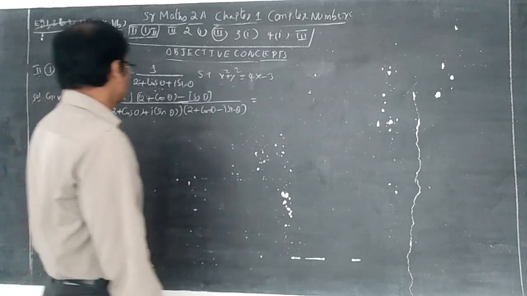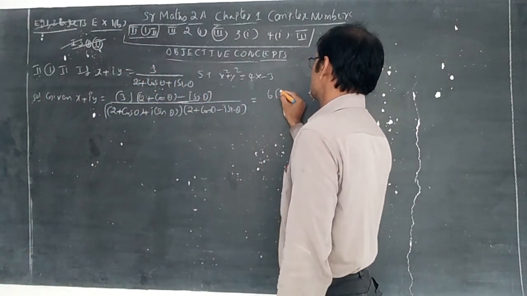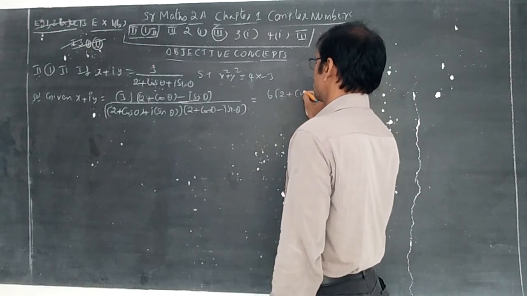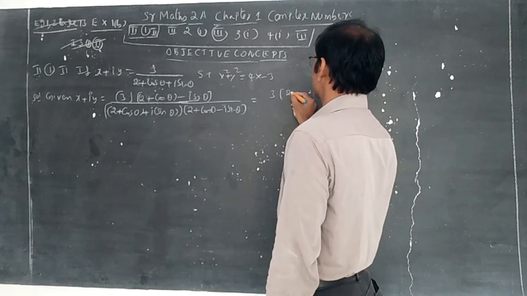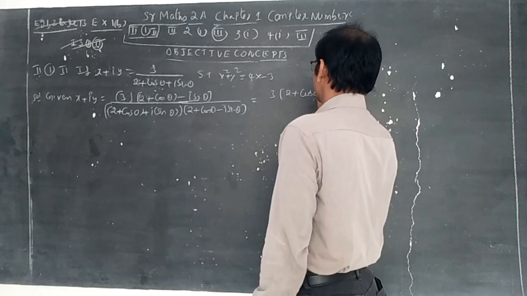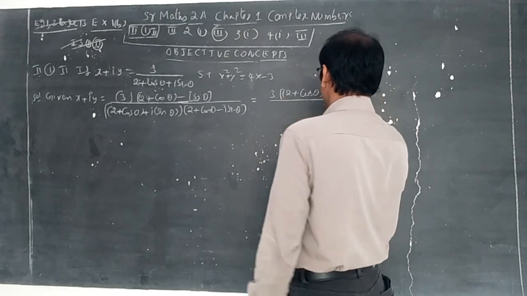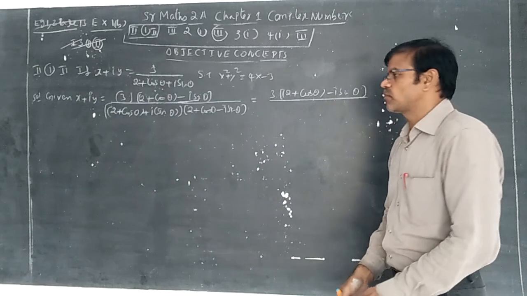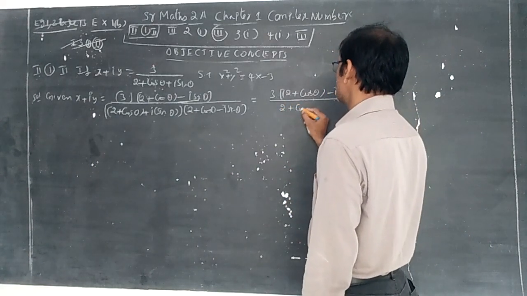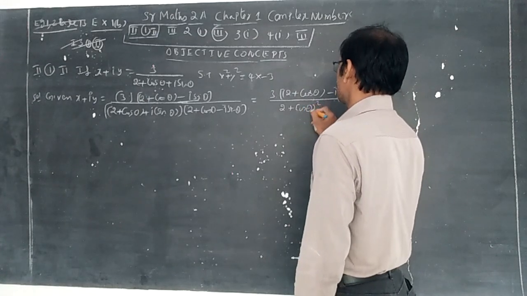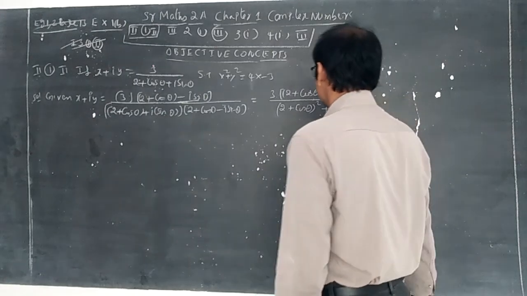That is equal to, multiply 3 into (2 plus cos theta minus i sin theta), whole by, this is of the form (a plus ib) into (a minus ib). So a square plus b square. So this is (2 plus cos theta) whole square plus this is sin square theta.